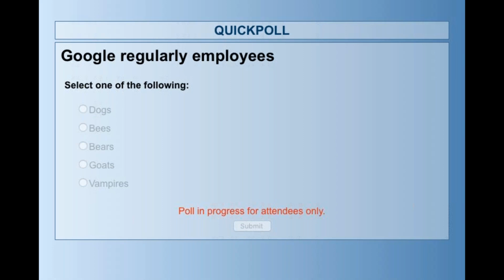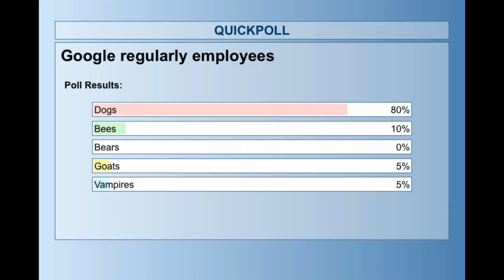All right, looks like about 50% of us have voted. Let's take a look at the results. Okay, a large majority of us think dogs. That was kind of a trick question because Google is a dog-friendly work environment, so you can actually bring your dog to work, but they don't employ them. It is not bees.